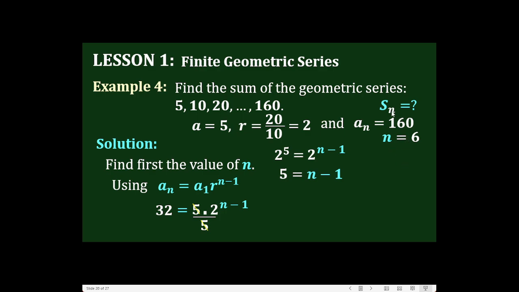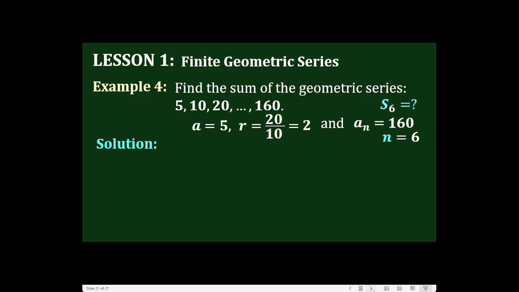Therefore, we are actually looking for the sum of the first 6 terms, or simply S sub 6. Since we already know the value of n, we can now proceed to compute the sum of the first 6 terms using the S sub n formula again.